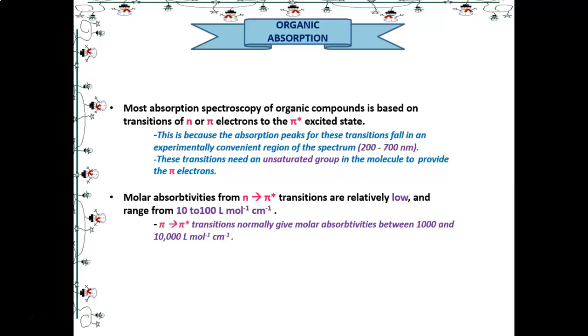So this transition needs an unsaturated group in the molecule to provide the pi electron. Molar absorptivities from n to pi star transition are relatively low and range from 10 to 100 liters per mole per cm, and pi to pi star transition normally gives molar absorptivities between 1000 and 10,000 liters per mole per cm.